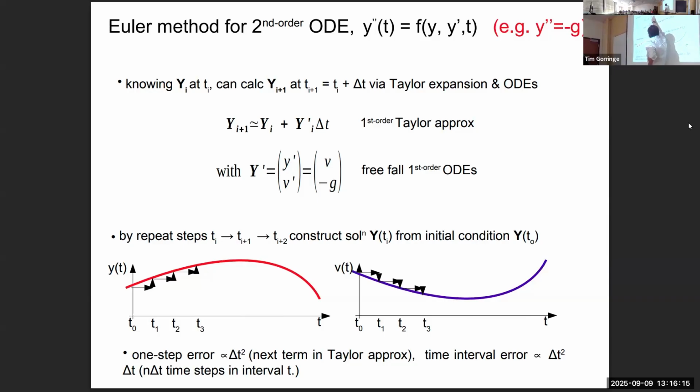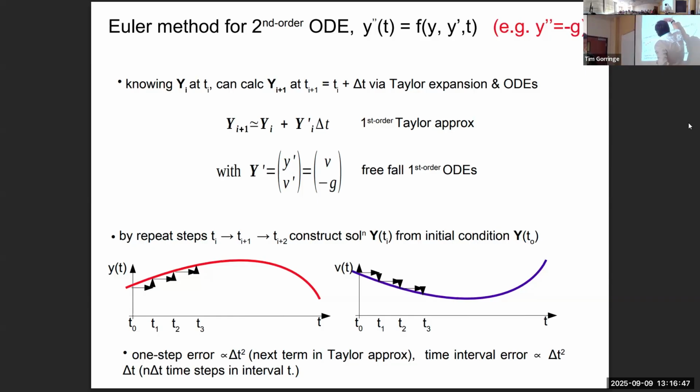We need to evaluate the rate of change of that variable y. Its differential, remember, is a two-component vector with the two variables as the two components, and those are specified by the two ordinary differential equations. So here the variable y's rate of change is v, and the rate of change of v is determined by the acceleration of gravity.